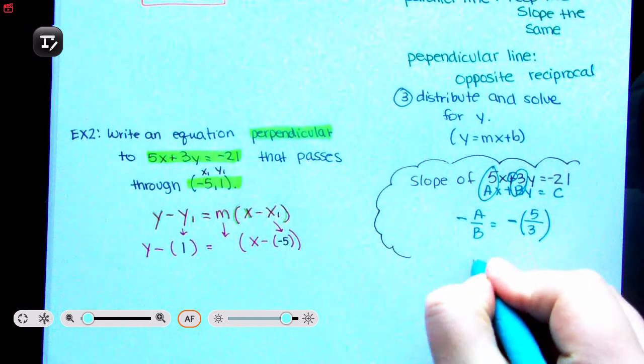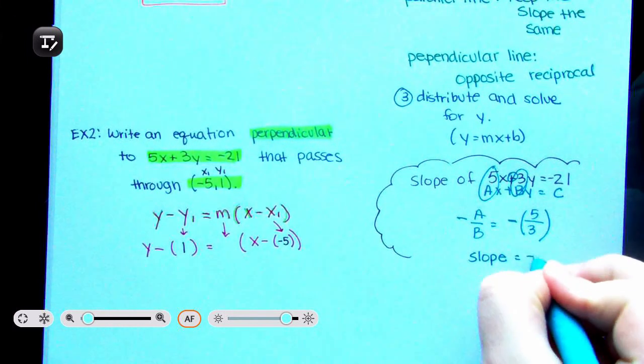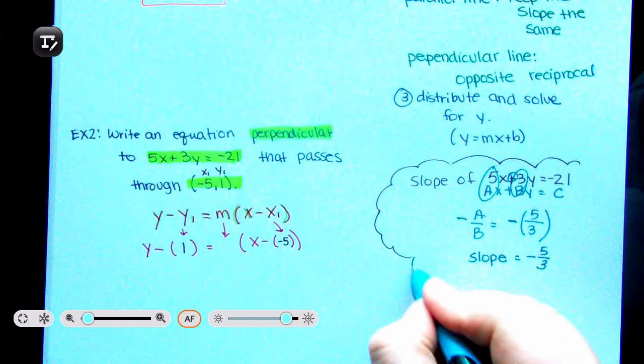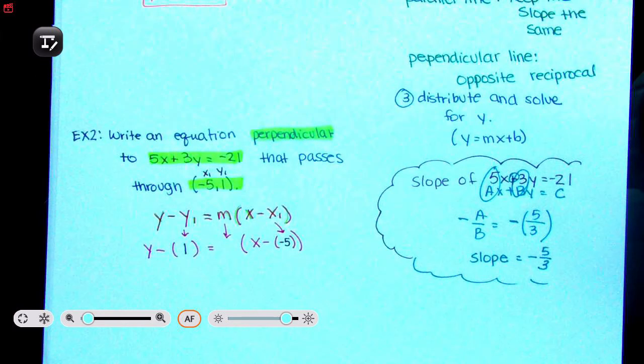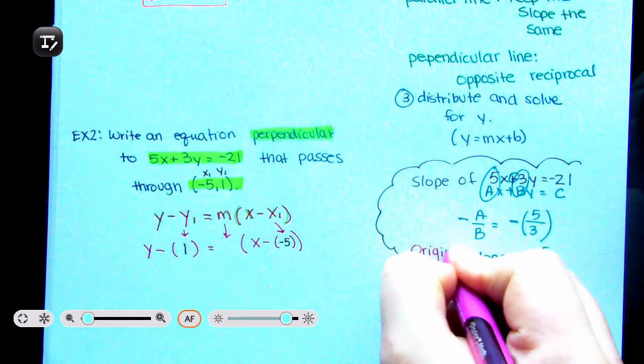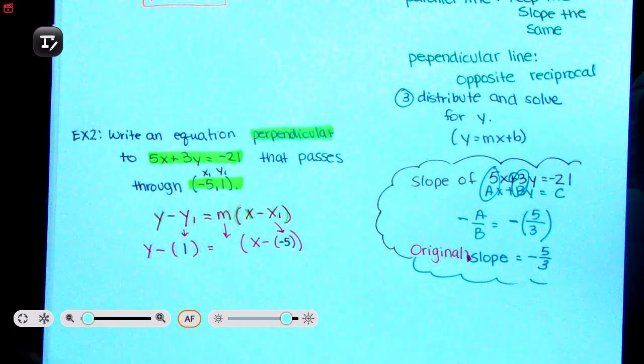So then what is our slope? Our slope is negative 5/3. So that is our original. Okay, so that's our original slope.